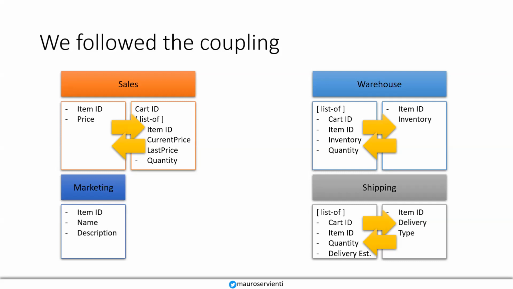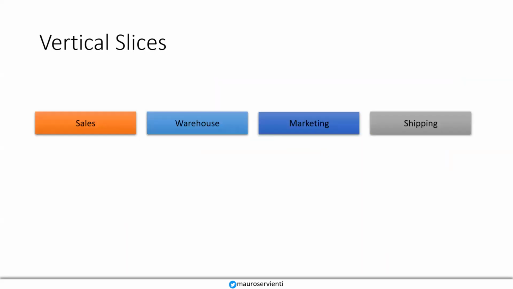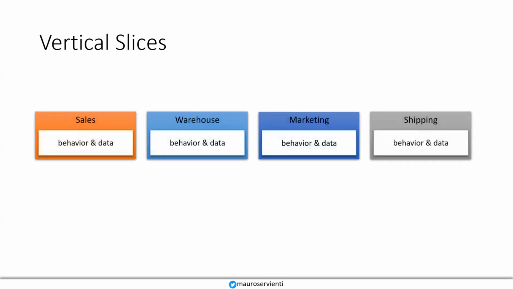So we can transition from this kind of image where we have interactions between components to vertical slices. If these components are autonomous, we can basically say every single service now lives in a vertical slice where they deal with behavior and data, and they fully own behaviors and data belonging to that slice.